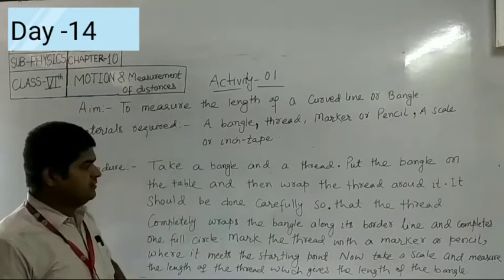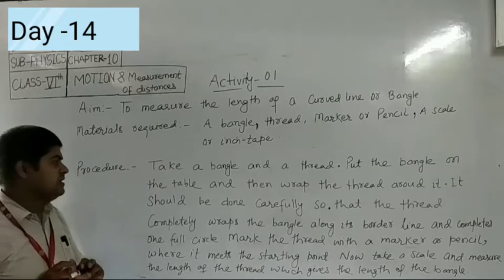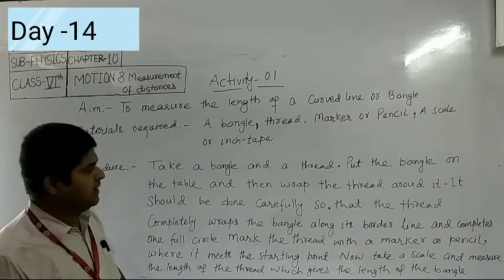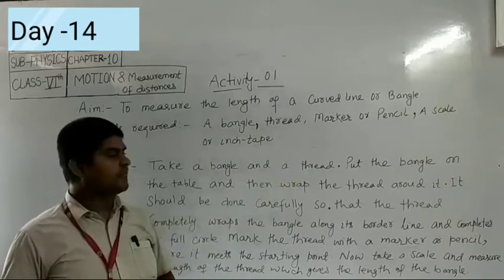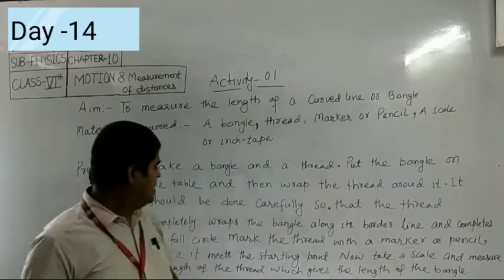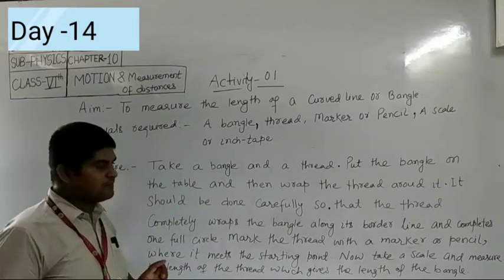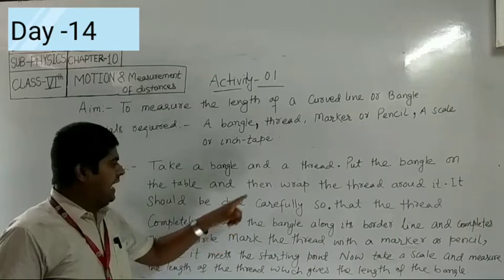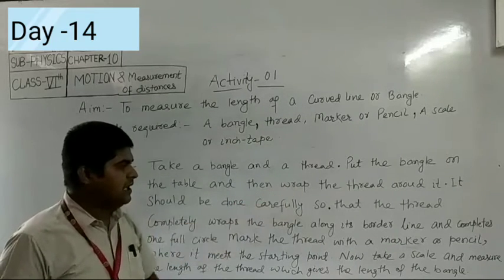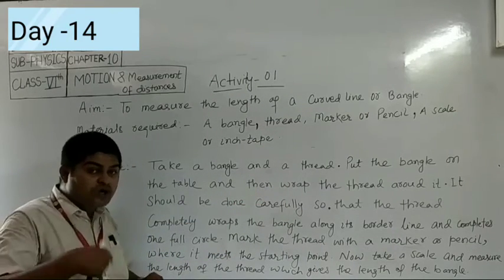Take a bangle and a thread. That means you will take a bangle and some length of thread. Put the bangle on the table. First you will put the bangle on the table and then wrap the thread around it outside.